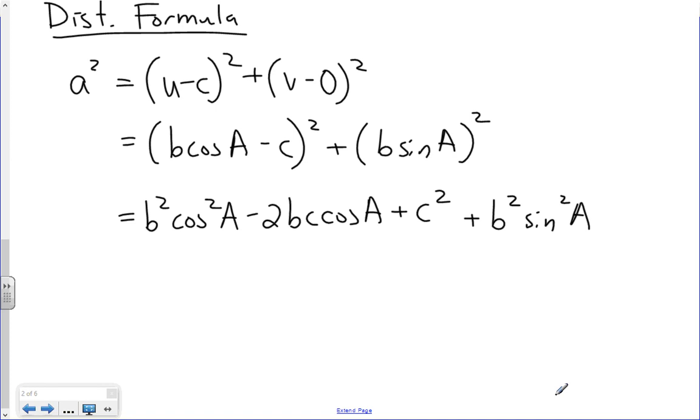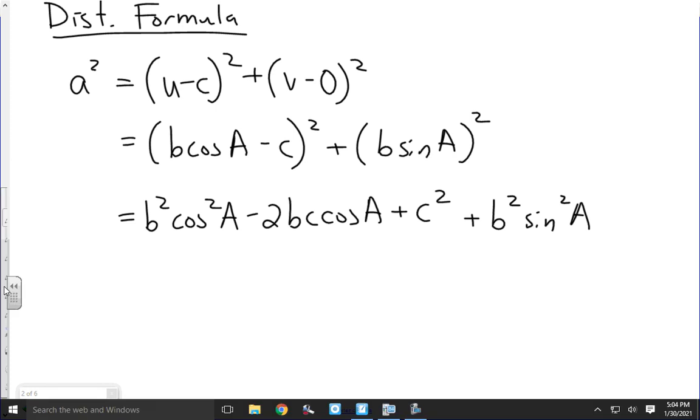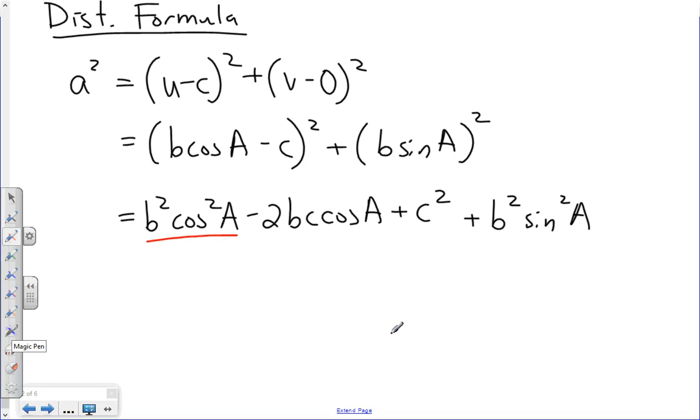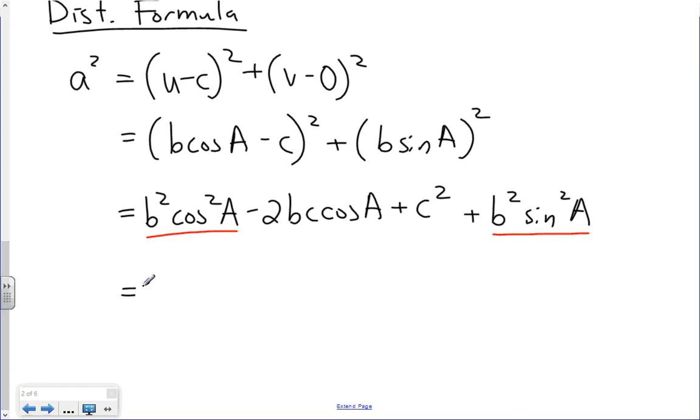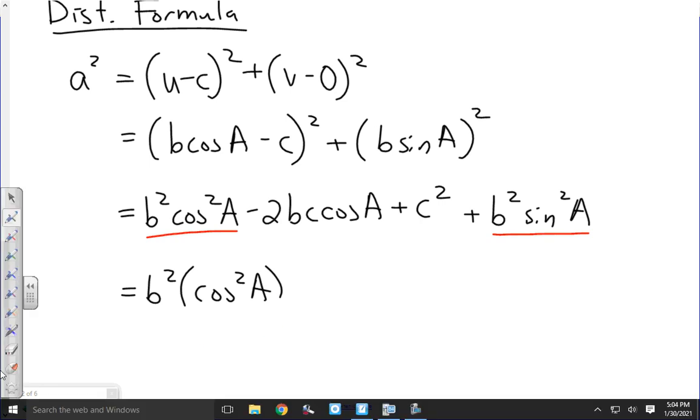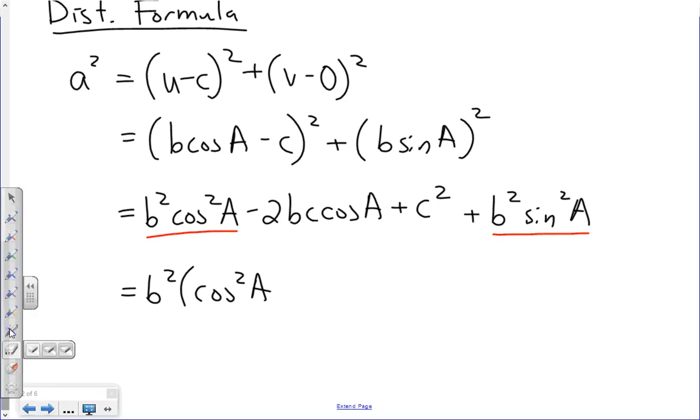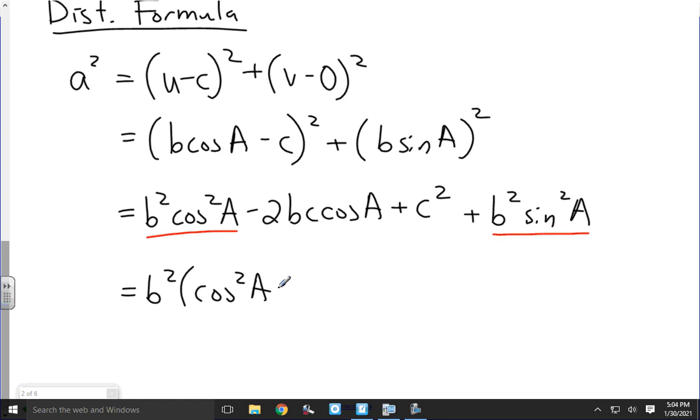All right, let's combine a couple terms here. I see that we've got 2 terms that contain a b squared, this one right here and this one right here. So let's put those out front. Since they both have a b squared in them, let's factor out a b squared. So I've got b squared times the cosine squared of A, and then add that to sine squared of A, right?